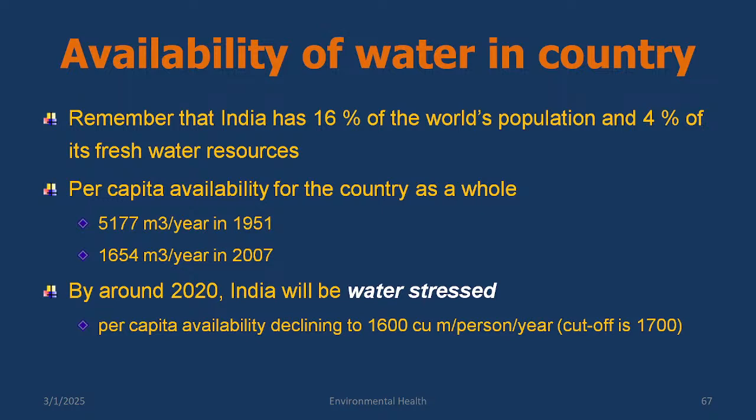We have already reached there, and in a few years we will be a water starved country because of both water wastage and the newer urban areas consuming more water. For larger metropolitan cities, more water is required; smaller rural areas require less. So more urbanization means more requirement of water. So both urbanization and rising population take us from stress to what?